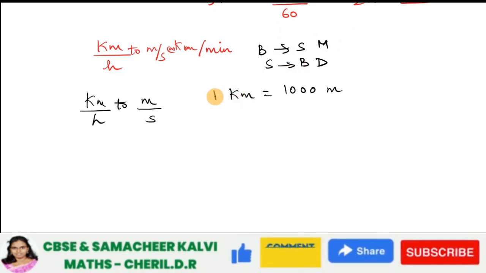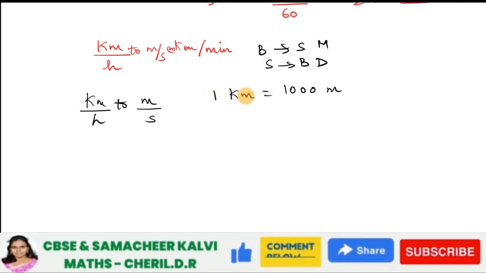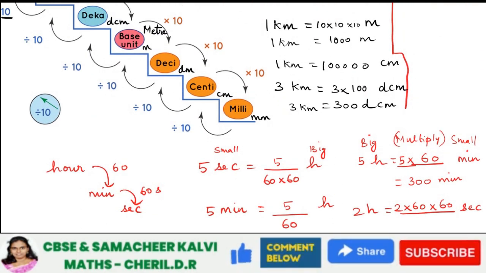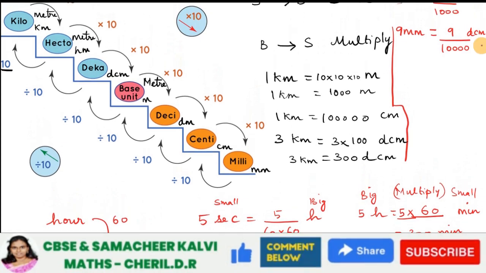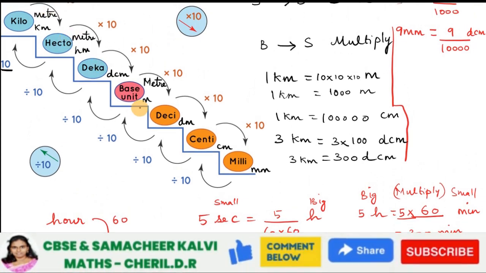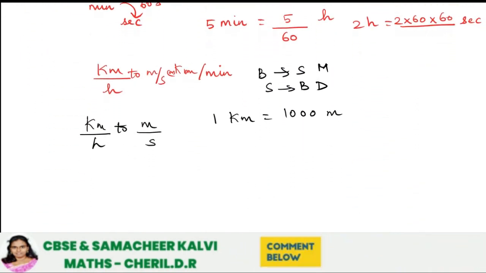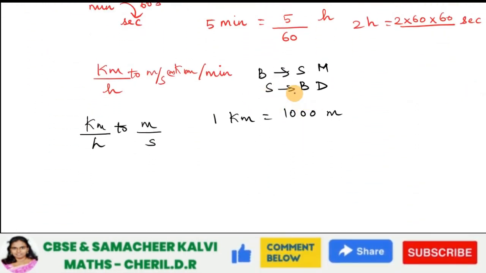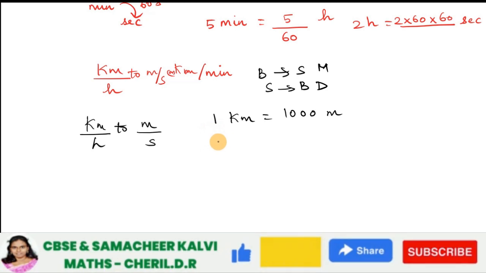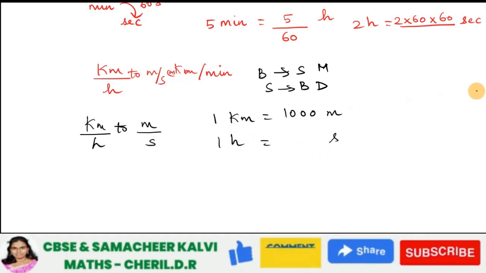So what happens? Now it is big to small. So multiply. Kilometer to meter, how many leaps are there? 1, 2, 3. So I am going to multiply 10 thrice. So I am getting 1000. Likewise, 1 hour in terms of seconds I need. Again it is big to small.